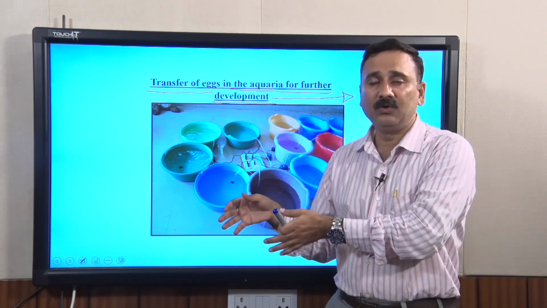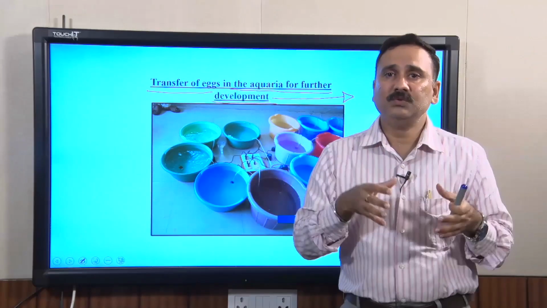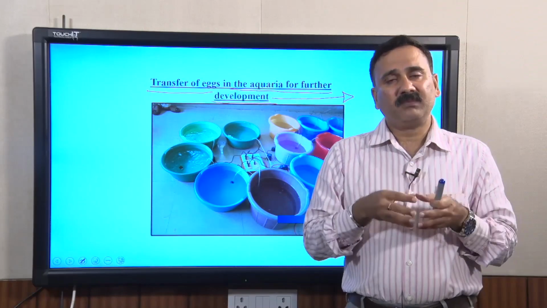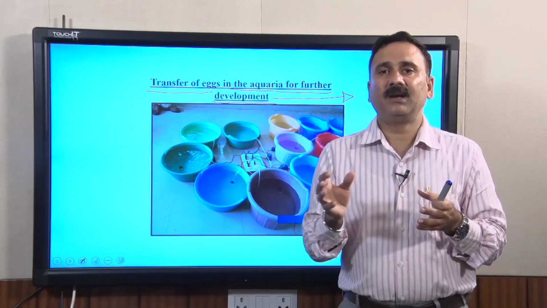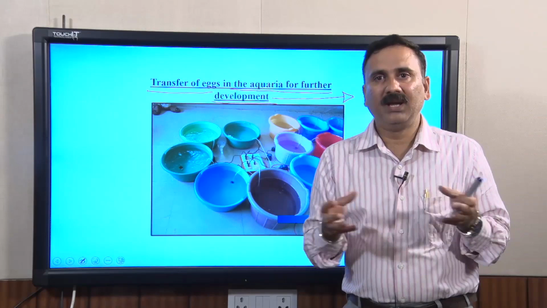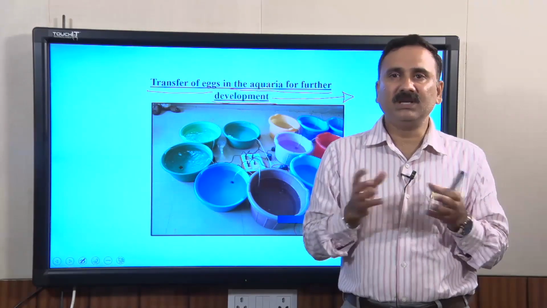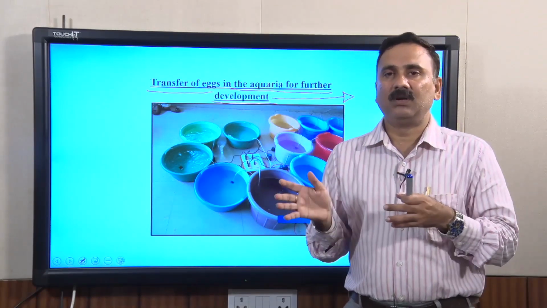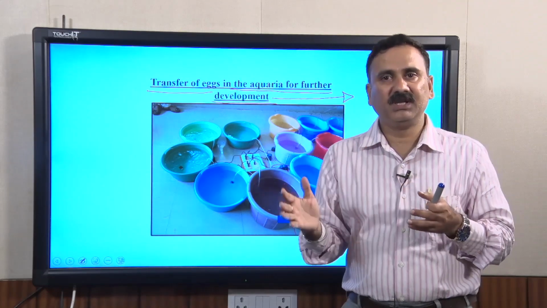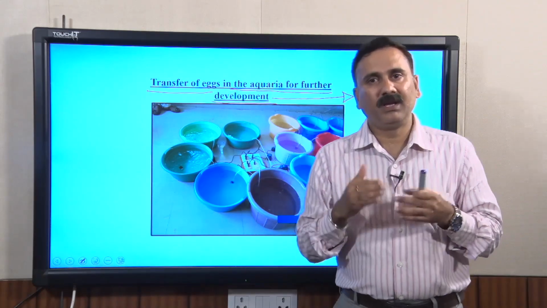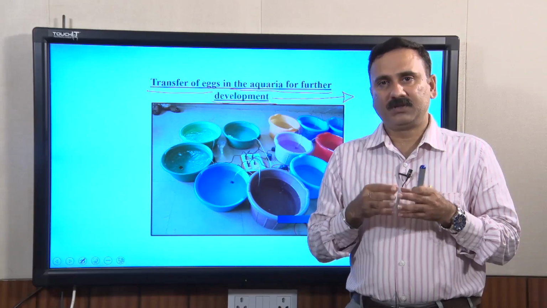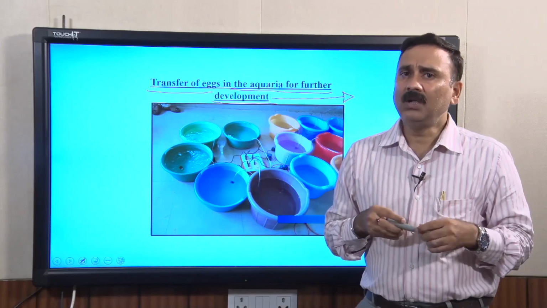Either you use induced breeding, or you use induced breeding with stripping. Both of these procedures help the breeders achieve breeding in that particular fish, and they will get the fish in the ponds.